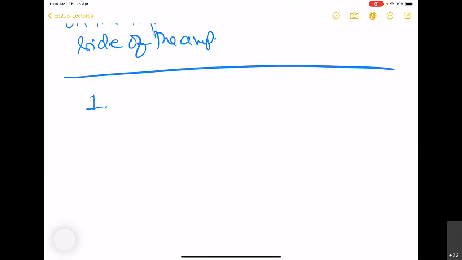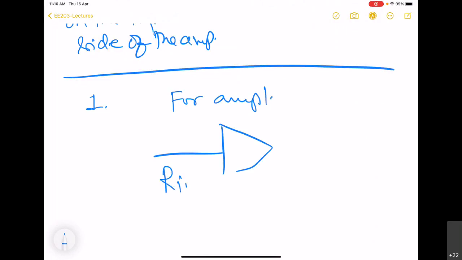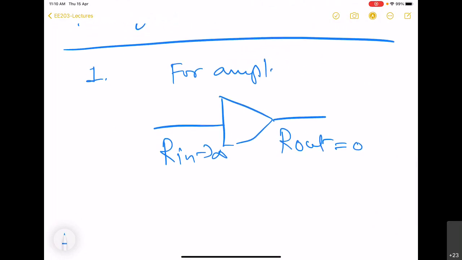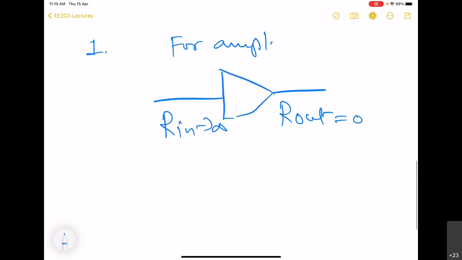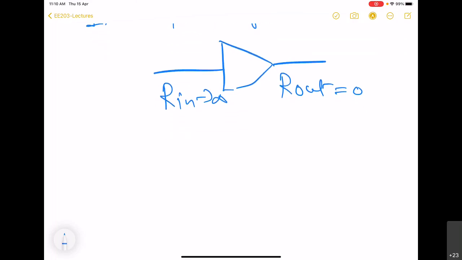So the first topology is for an amplifier where R in is infinite and R out is equal to 0. This is the ideal case, but the main objective of studying these four topologies is to find out what will be the overall impedance when the amplifier is no longer ideal.